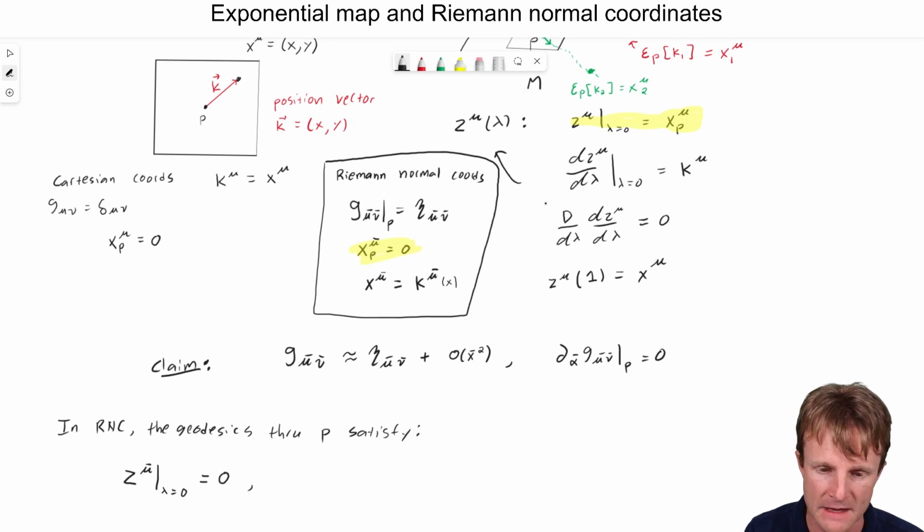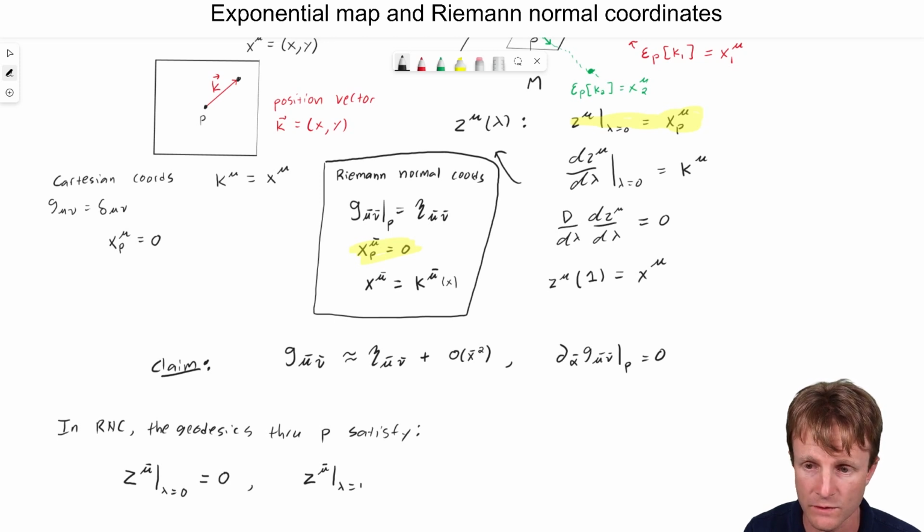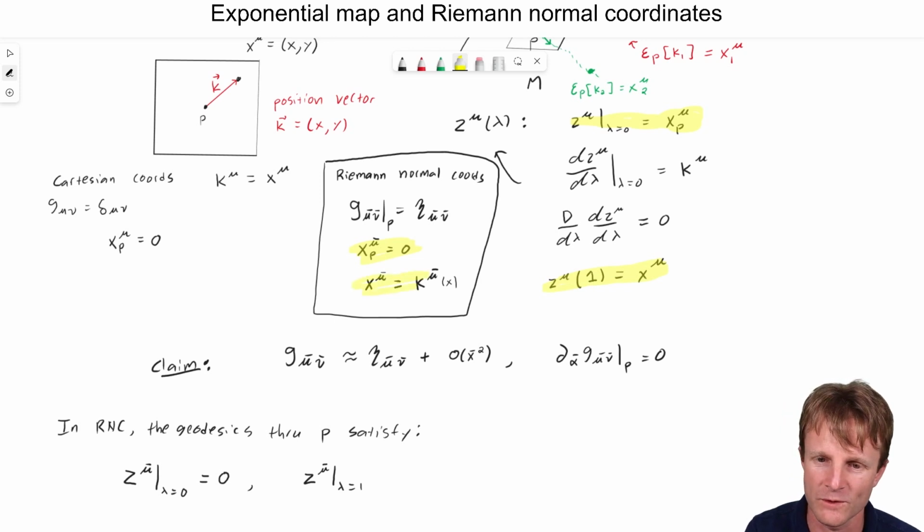All right. Now, we also have a final condition that z mu bar of lambda equals 1 needs to equal x mu, the coordinates of the point we're talking about. But then in Riemann normal coordinates, x mu, now called x mu bar, is k mu.